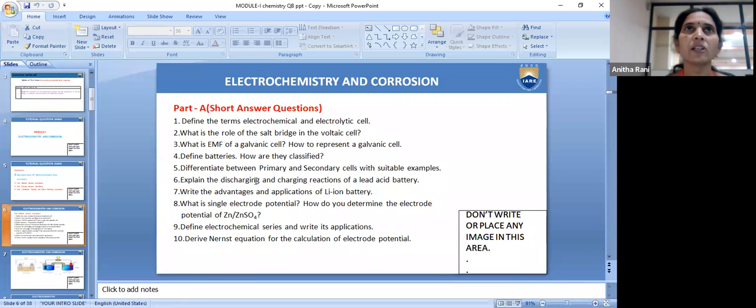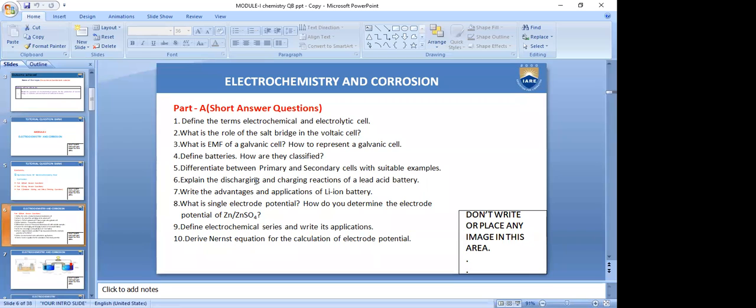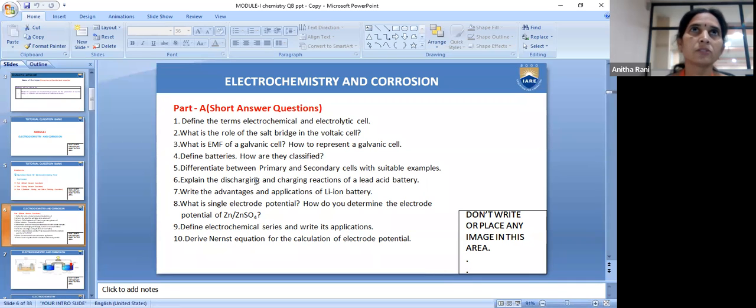Okay, so first we will write the anode on the left side and the cathode on the right side. On the left we write electrode, then electrolyte. On the right we write electrolyte and electrode. The two are connected with the salt bridge, which is represented with a double vertical line.